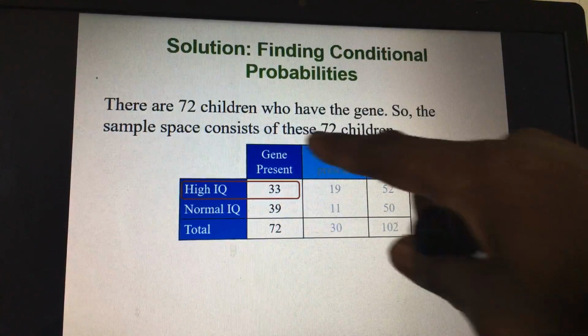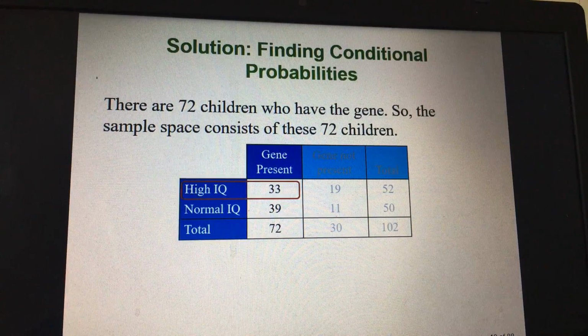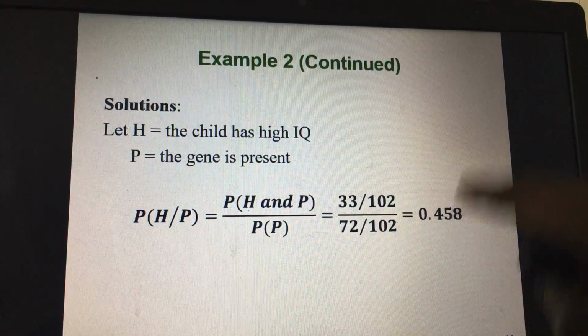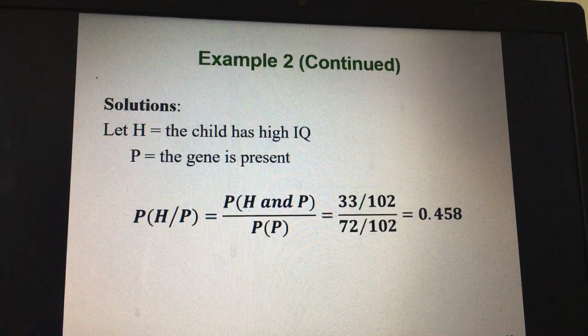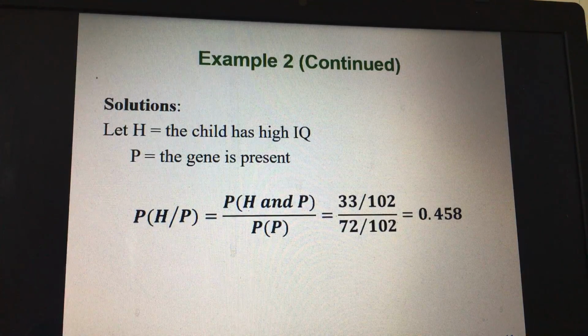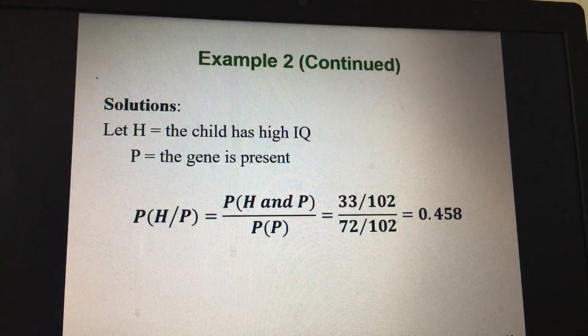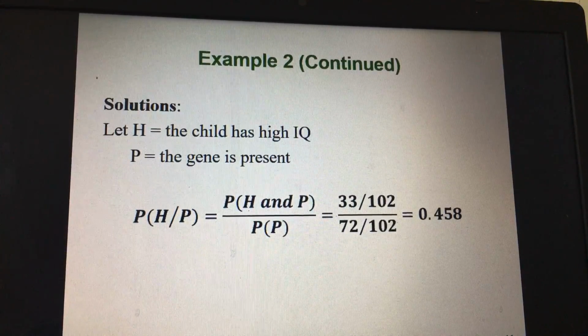Gene present right here, the total is 72 out of 102. When you punch this in the calculator, you get this result. The same principle. This is basically what conditional probability is. And remember, everything we do in life is conditional. We recognize that in statistics.